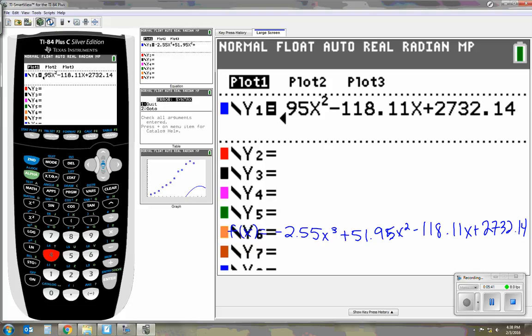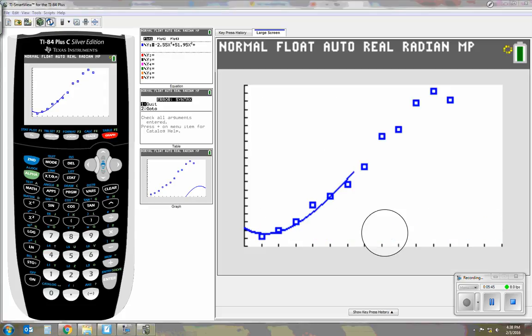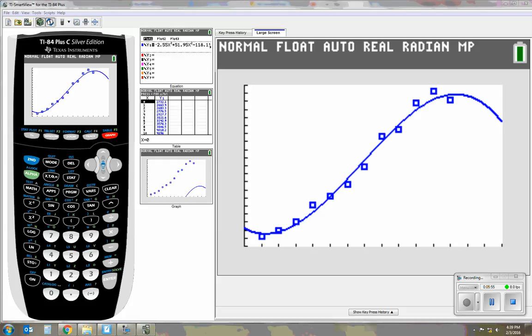And now we're going to graph this. And we can see that this follows very closely to our information. So we're pretty solid that this is a cubic function.